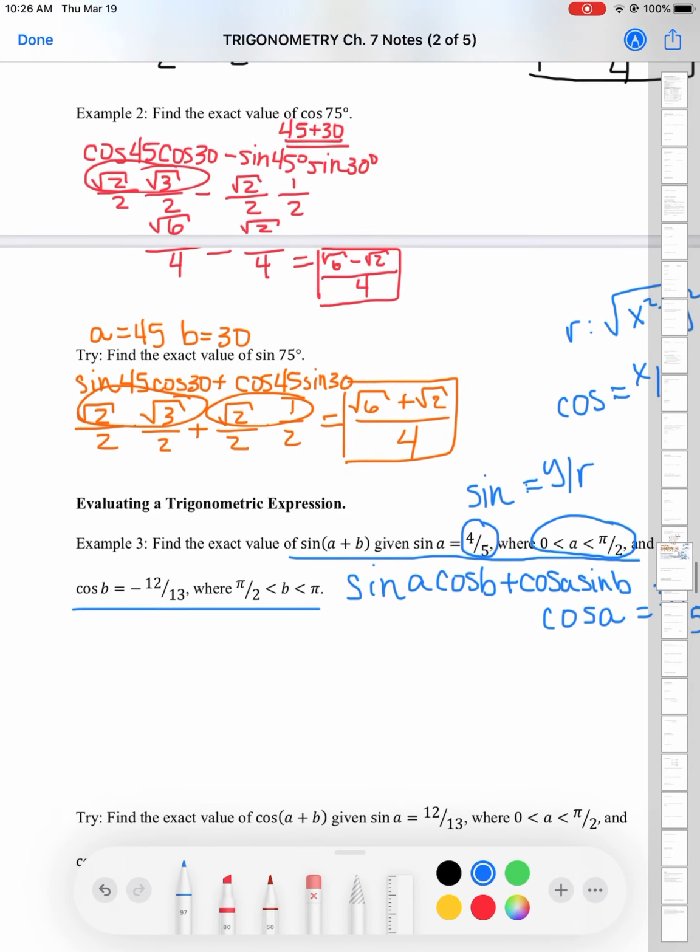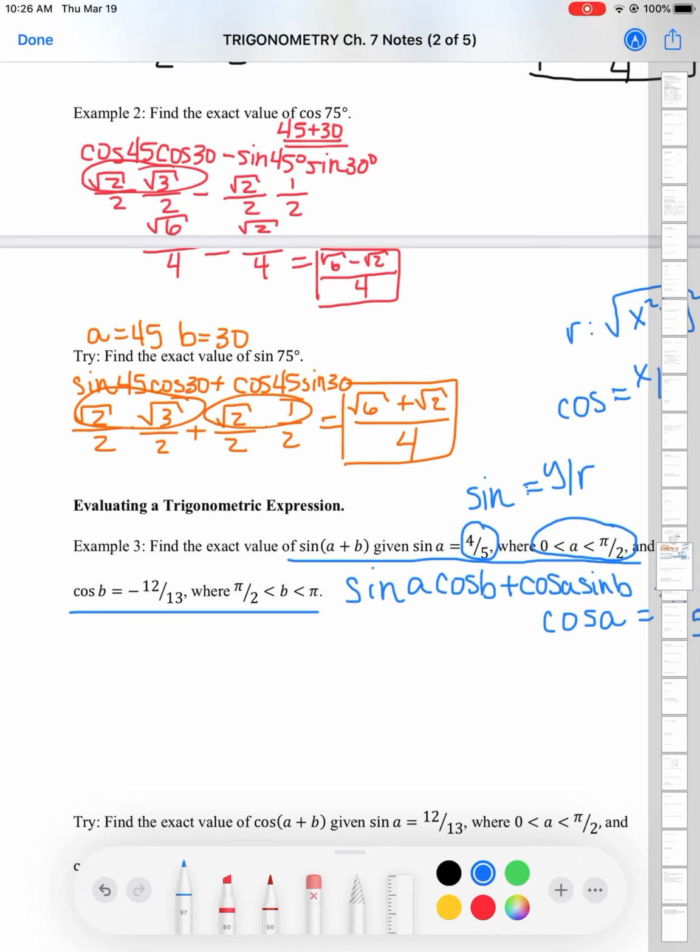Now, we have one of our pieces. Because we have sine A, now we have cosine A. Now we have cosine B already from right here. We need sine B. That's the only other piece we need, which we can get from this piece of information they give us right here. In between pi over 2 and pi, that tells us that it's in quadrant 2. Cosine is negative in quadrant 2, but sine is positive.